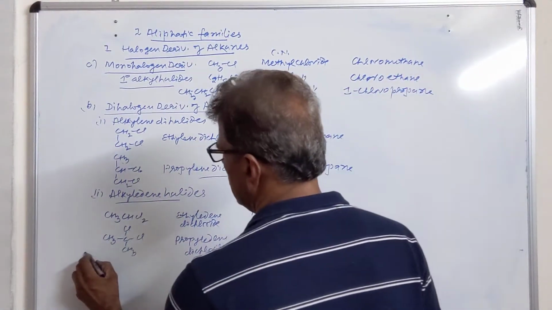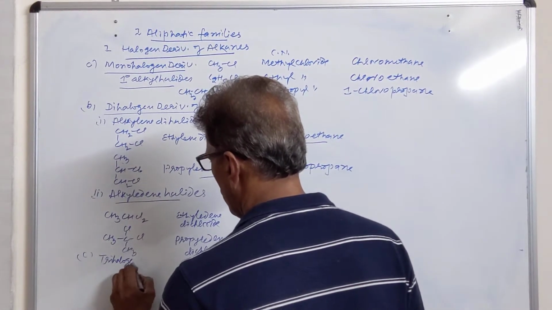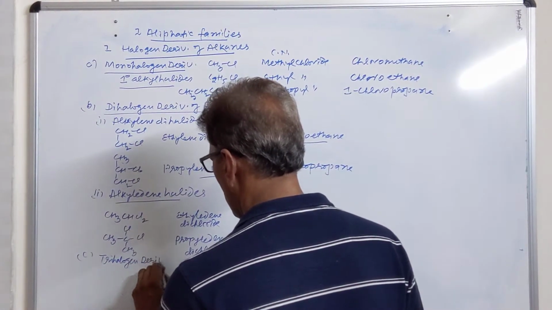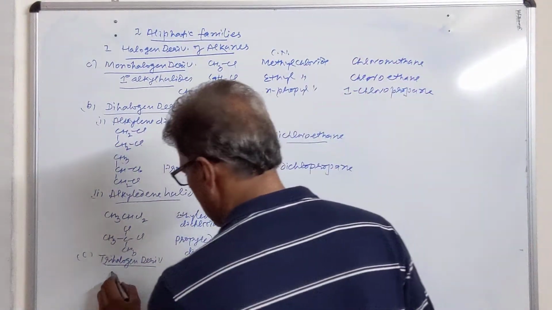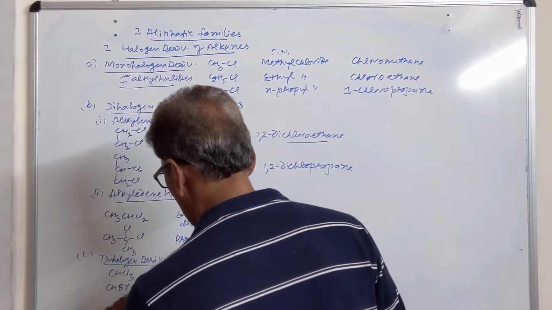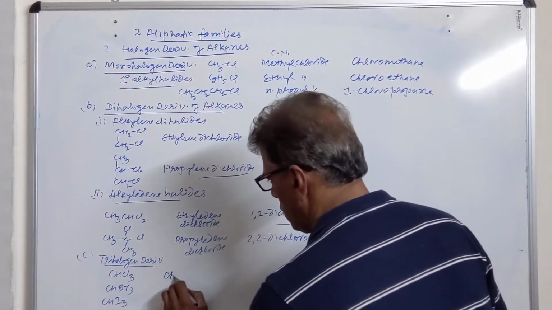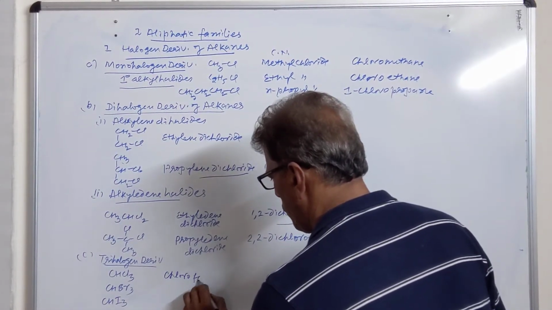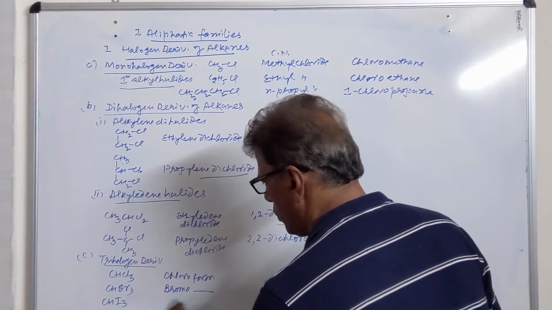Then we have the class of trihalogen derivatives. They have 3 halogens. First is CHCl3, CHBr3, CHI3. Common name of this is chloroform. This is bromoform.